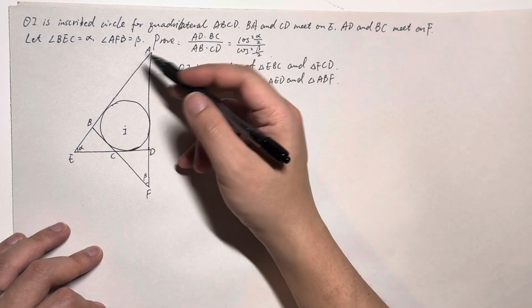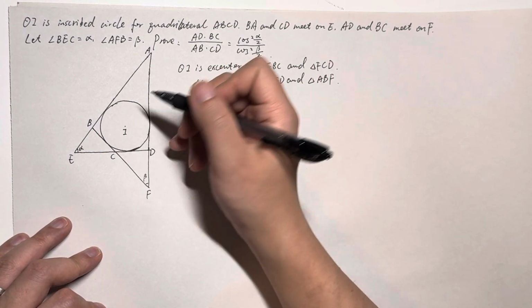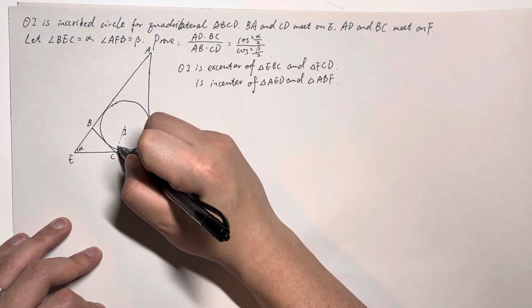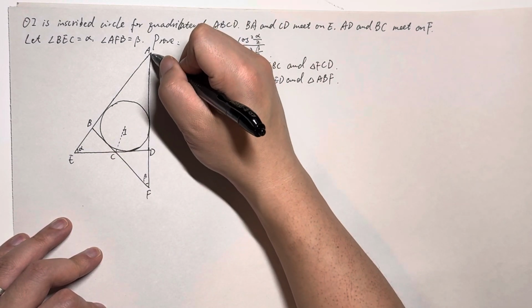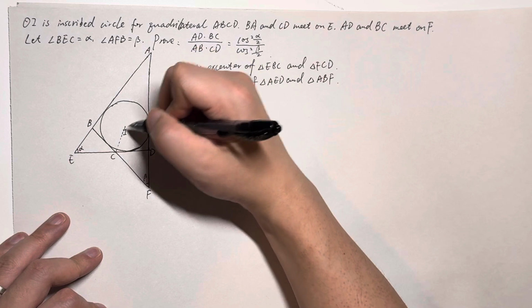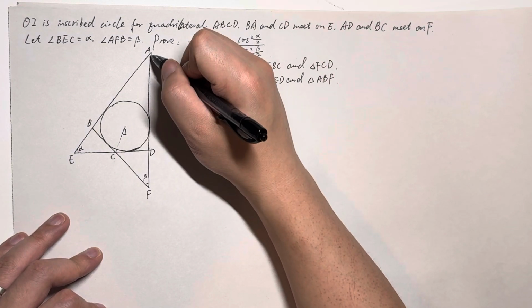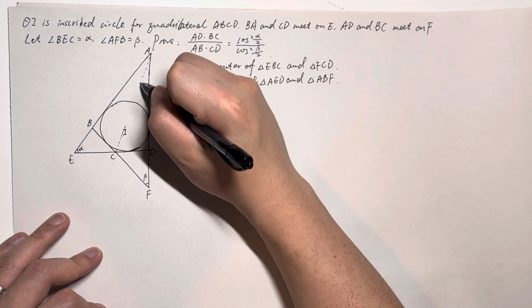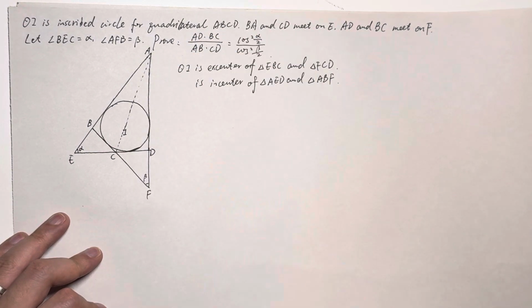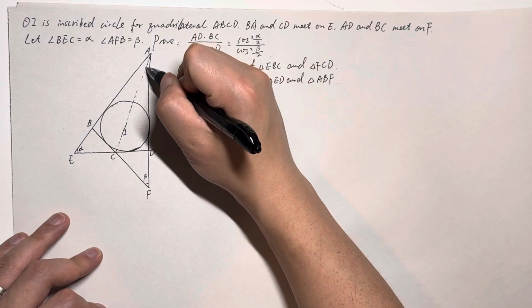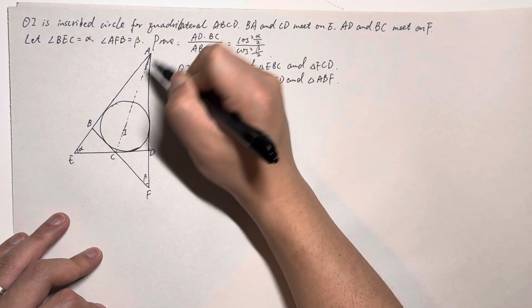Maybe the figure doesn't look very clear, but I want to make sure the audience understands that A, I, C are not necessarily collinear.